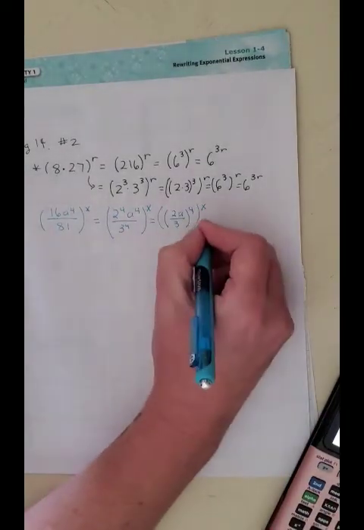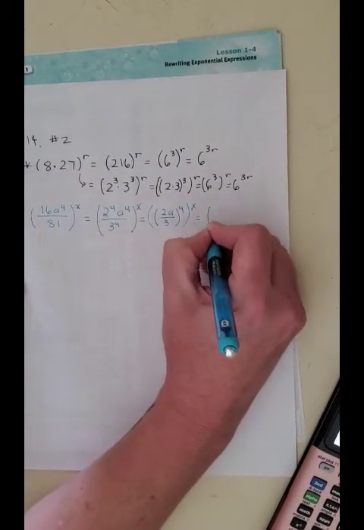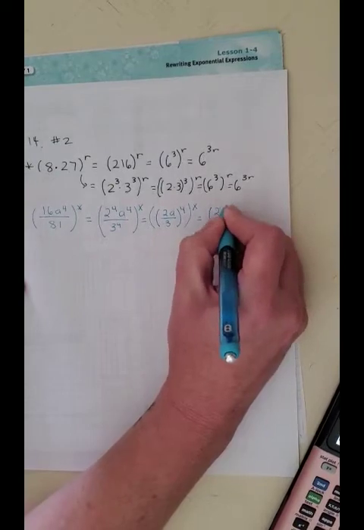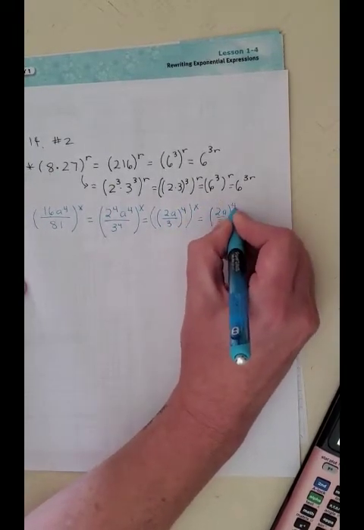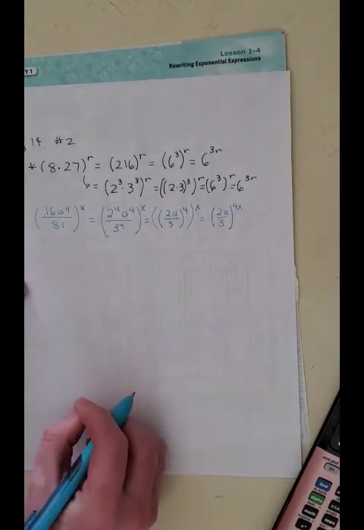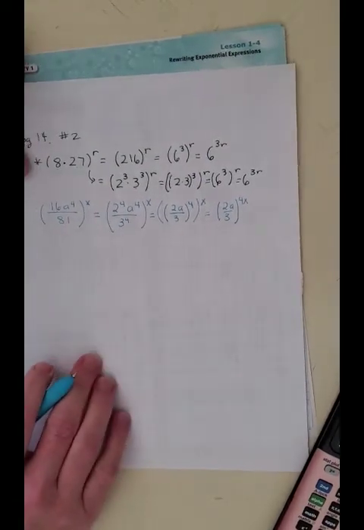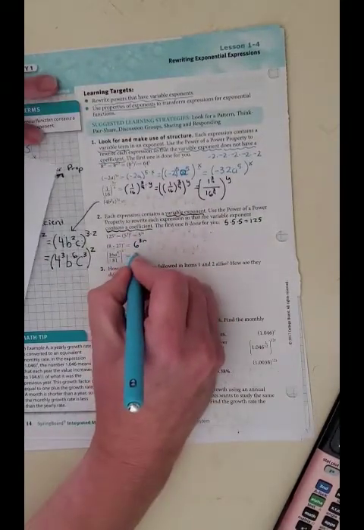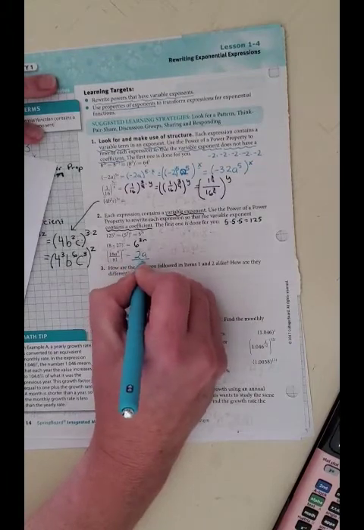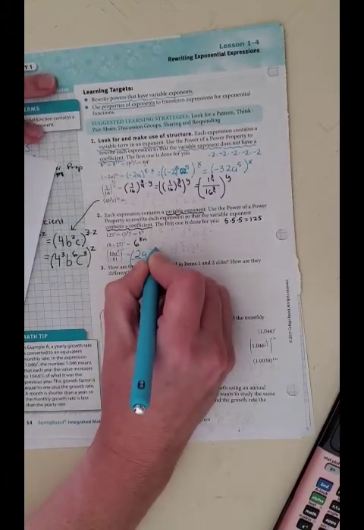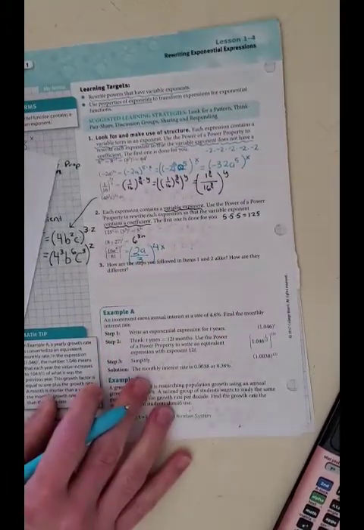And then I can rewrite this as 2a over 3 to the 4x power. All right, so that would be 2a over 3 to the 4x power.